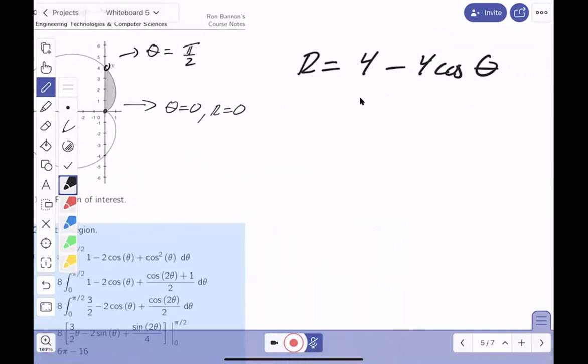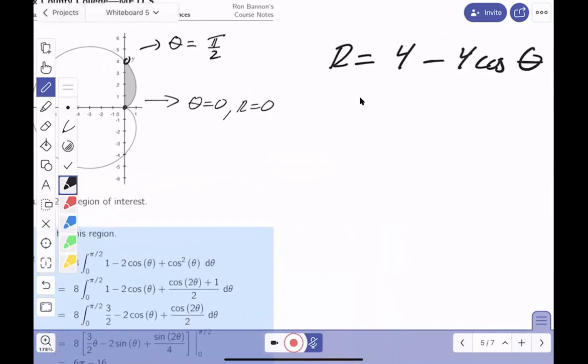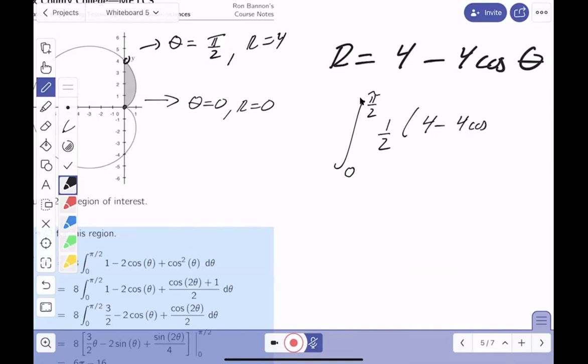Well, the cosine of pi over 2 is 0, so you get 4. That looks good. The r is 4. I'm seeing it. So what I'm seeing now, I'm seeing my integration. My integration occurs between 0 and pi over 2. 1/2 r squared d theta.